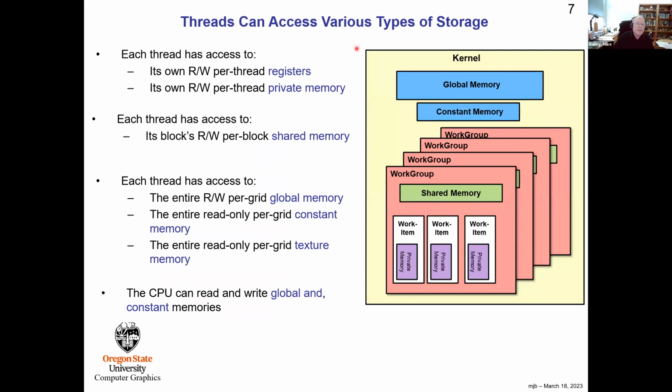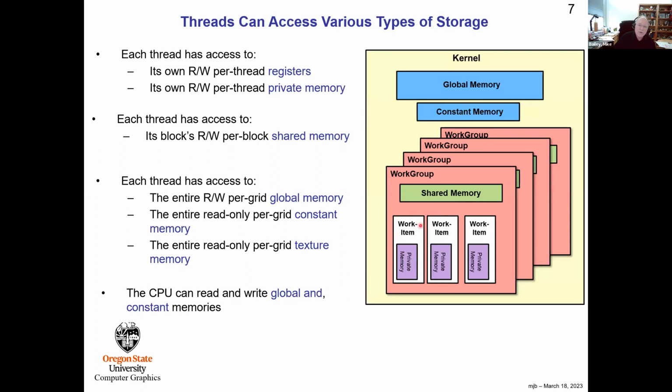Okay, threads actually can access various types of storage. Global memory is the big memory that's out on the graphics card. There is something called constant memory, which I'm pretty sure at this moment is stored in global memory, but maybe someday there will be special memory on the card just for holding constants.